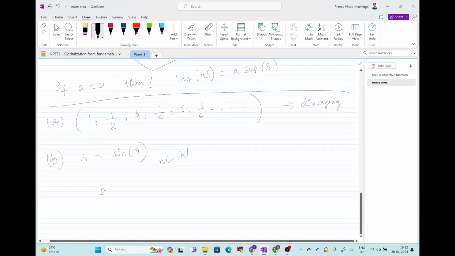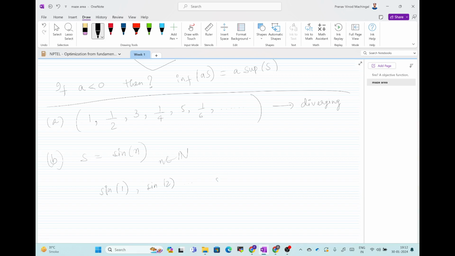Like we'll have sine 1, sine 2, like that, right? Yeah, it is diverging. I'm just trying to see if there is a crisp way to justify that. What you're saying is correct, it is oscillating.